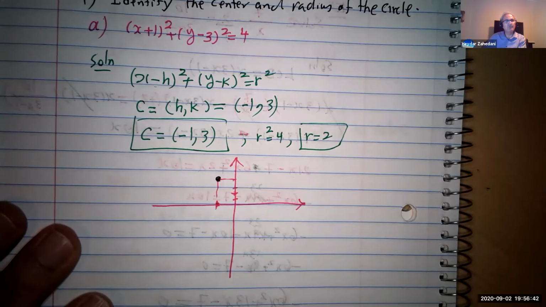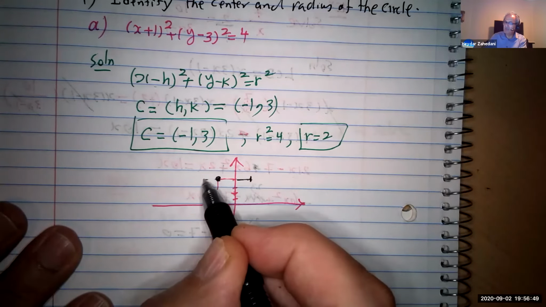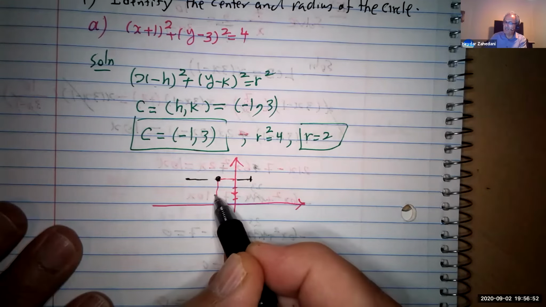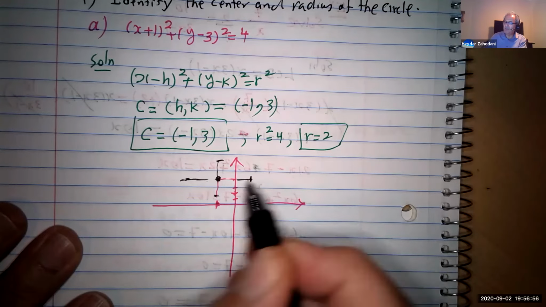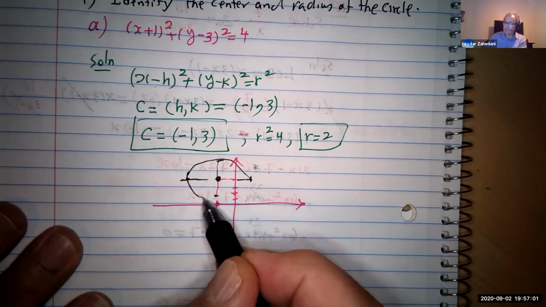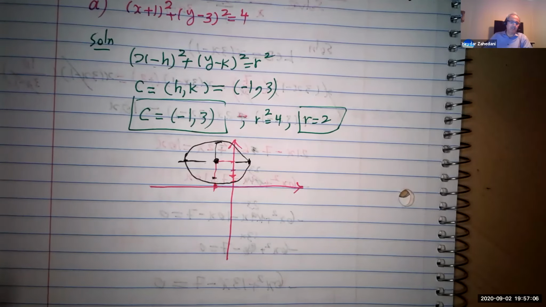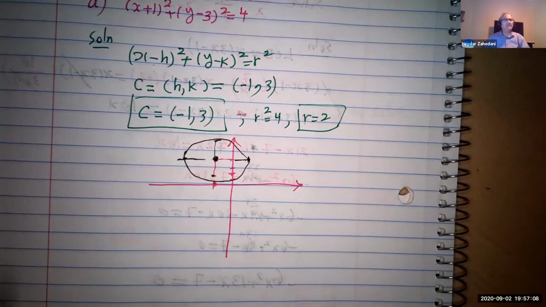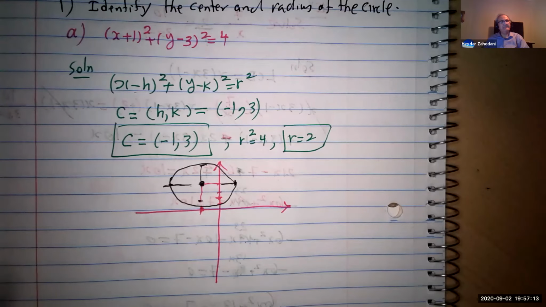The radius is 2: 2 units to the right, 2 units to the left, 2 units down, and 2 units up. You just connect them together somehow, and that would be the circle. We sketch the graph. We don't need any intercepts, anything. Give some idea of a circle and we accept it. Any question? That's type 1.